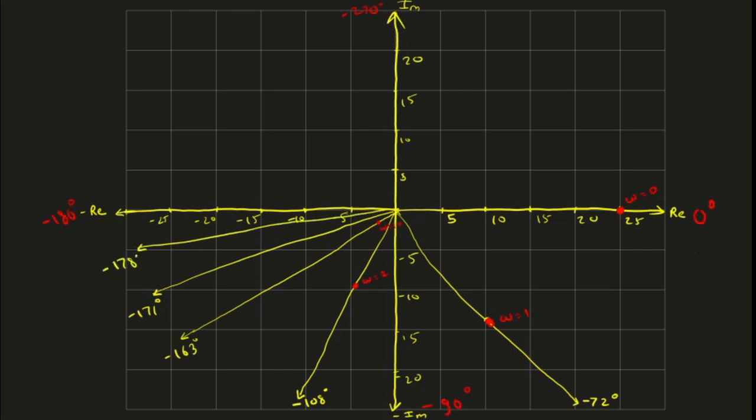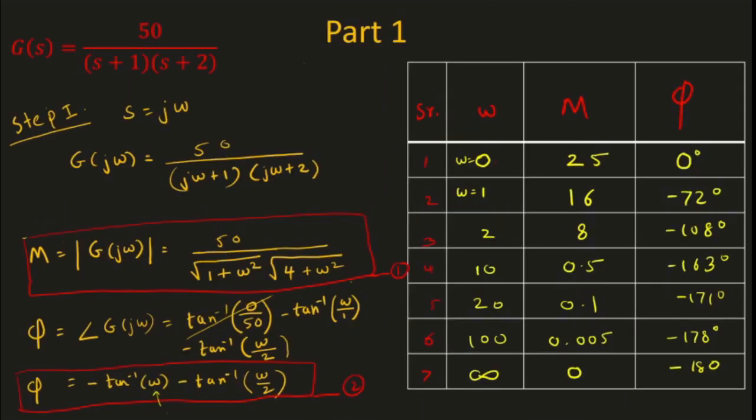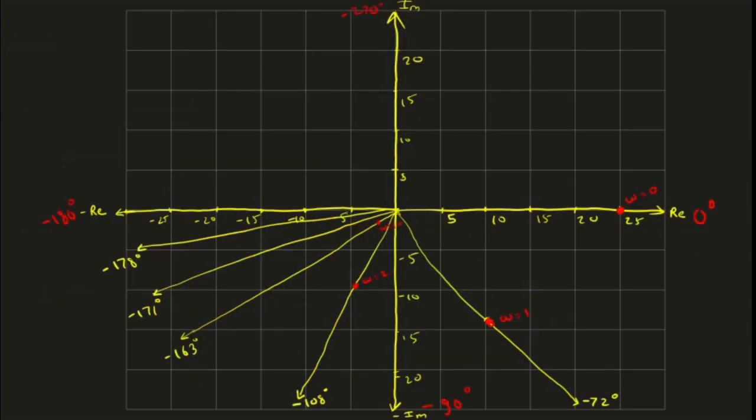So at minus 171 degree, I have magnitude 0.1 and omega 20. Omega equal to 20. And the last part is magnitude 0.005 somewhere here and at omega equal to 100.